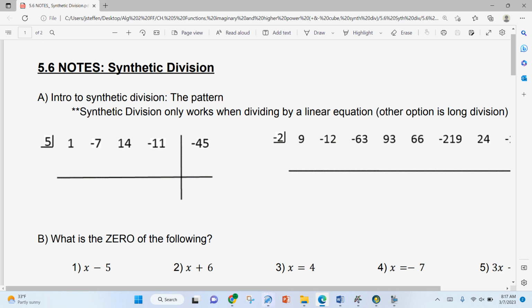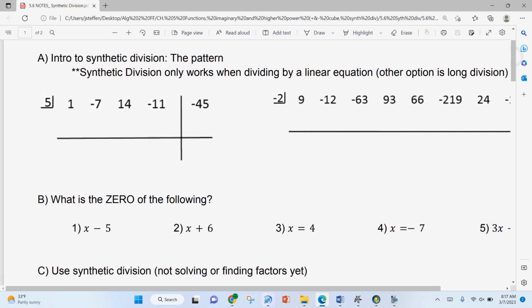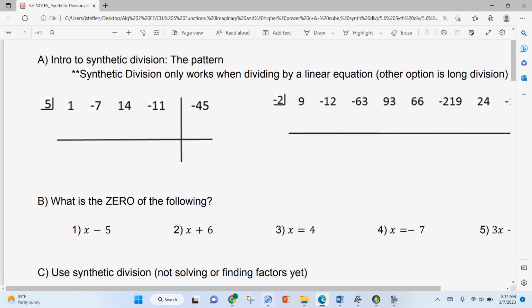The other thing is I tried to figure out the best way to intro this. This one's a little different: the first couple of problems we do are going to be really random, and then you'll learn where we're putting this stuff in. With synthetic division, the math isn't really that difficult.